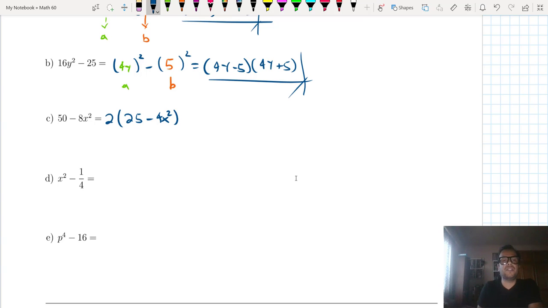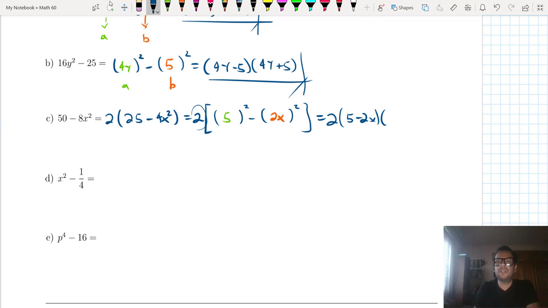Now we can tell this is a difference of squares. Let's write this as something squared minus something squared. In this case, 5 squared equals 25, and 2x squared equals 4x squared. So don't forget these two right there. Keep writing it down. This is 5 minus 2x times 5 plus 2x, and we're done.